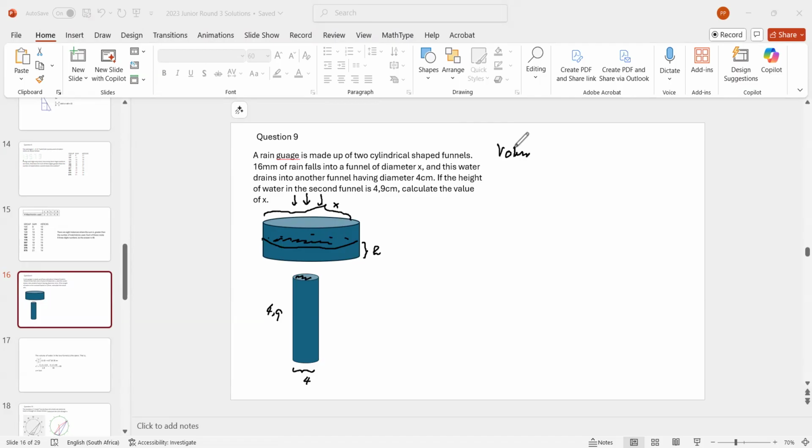The volume of a cylinder is pi r squared times height. The area of the base times the height. Well, let's not put h here, let's put height. I already got h here.